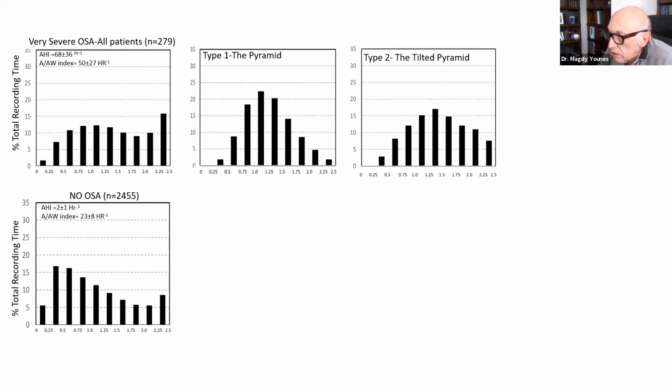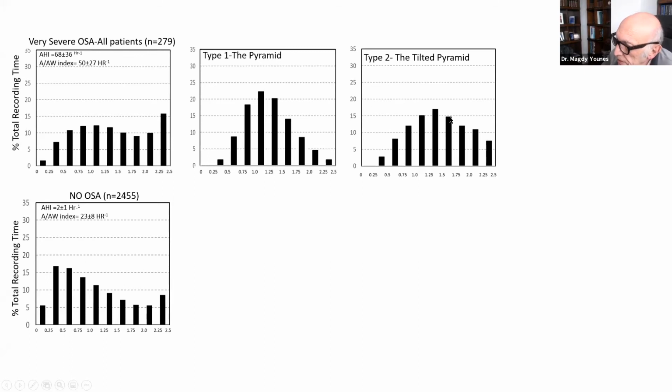The next one also still has no, remember, of this 279, 61% had no epochs at all in the first decile, whereas for normal people, only 6% do not have any epochs in the first decile. So this one is a bit like type 1, except pushed to the right.